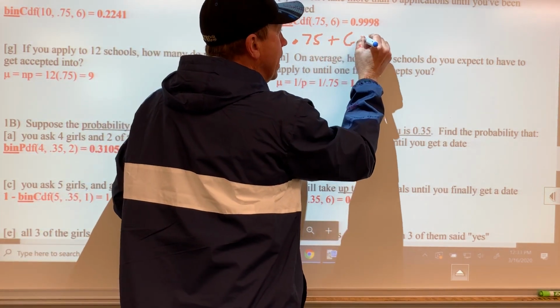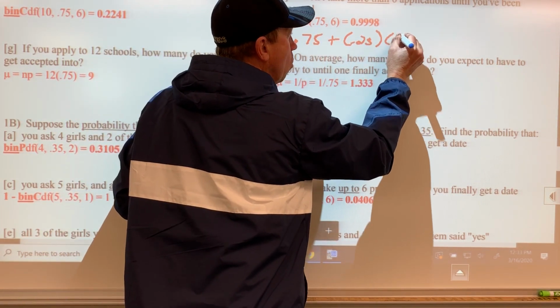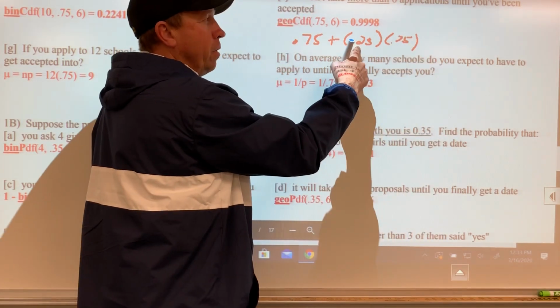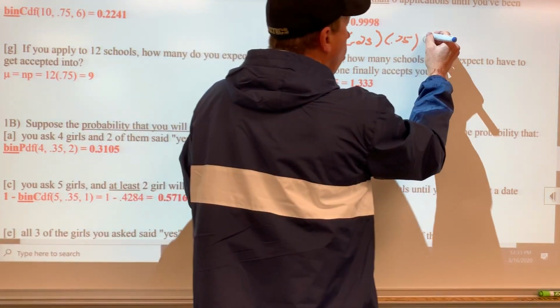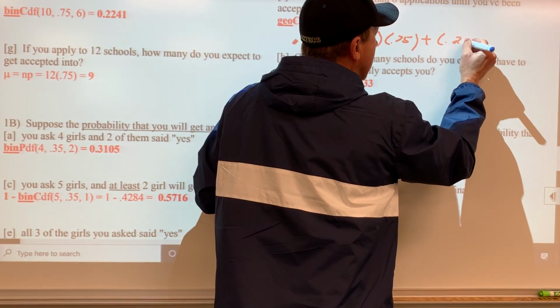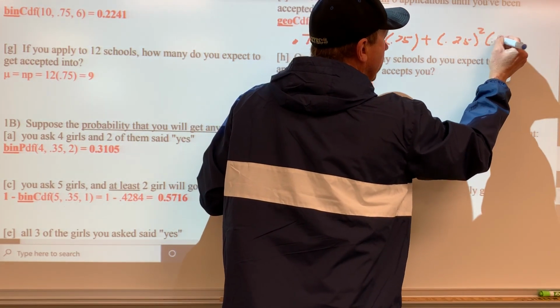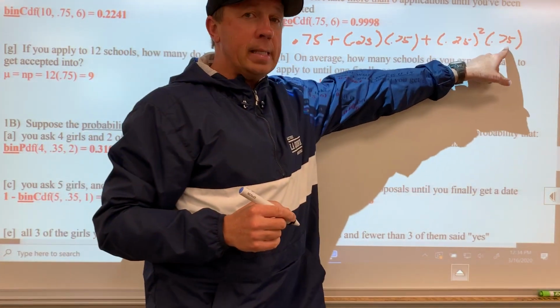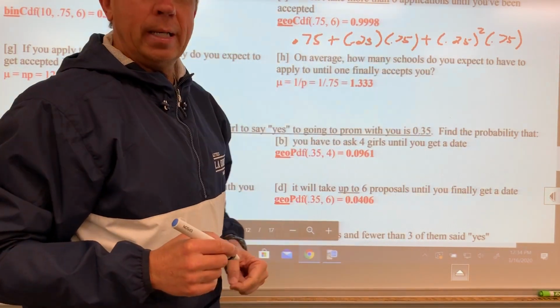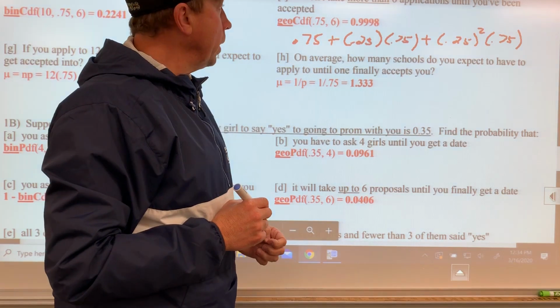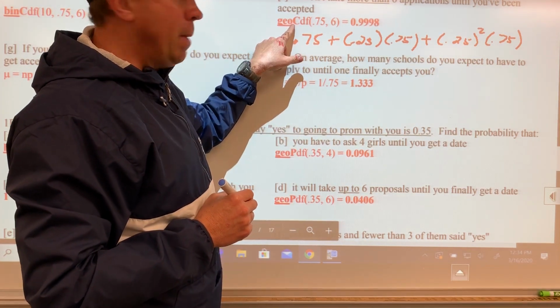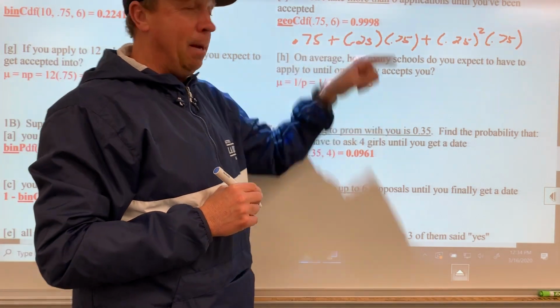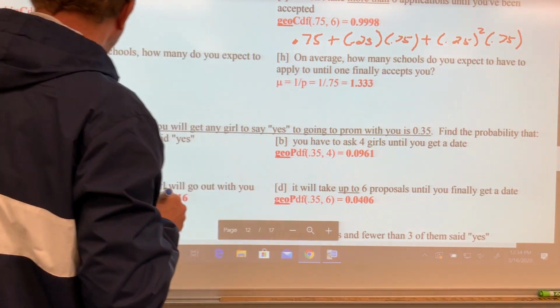Or I could get in on the 2nd try, which means I failed first and then succeeded. Or I could get in on the 3rd try, which is I failed twice and succeeded. I would keep going until I got to the 6th trial, okay? Or you could go to geometric CDF and just let it add it up together.